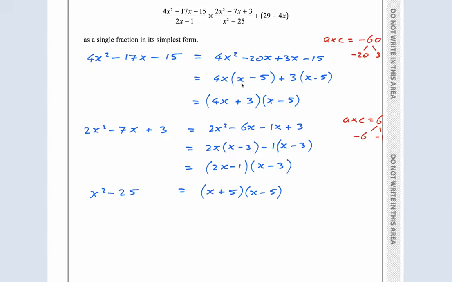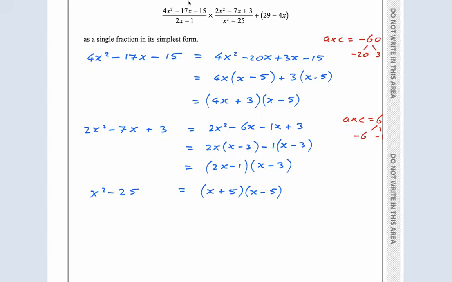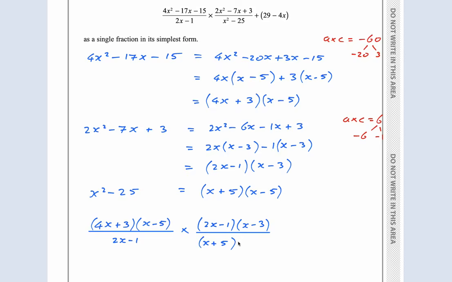Okay, now I have everything factorized. Let's write this out. So this numerator becomes 4x plus 3 times x minus 5, and the denominator is 2x minus 1 times x minus 3, that's this factorized, all over x plus 5 times x minus 5.